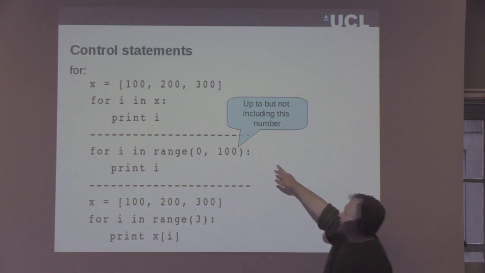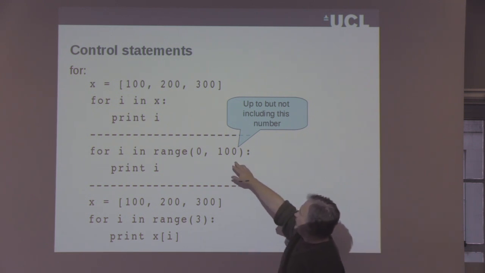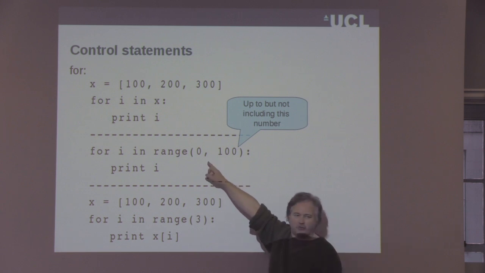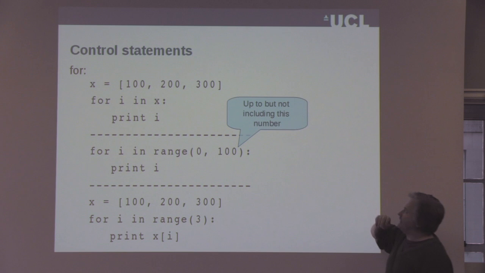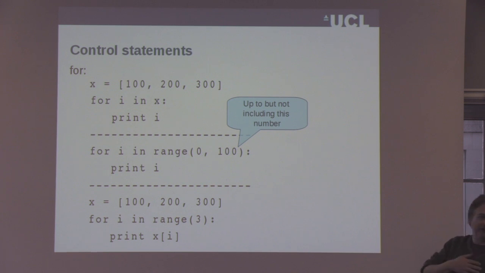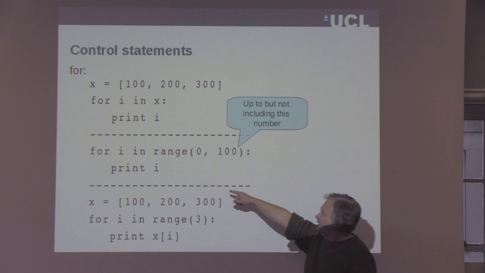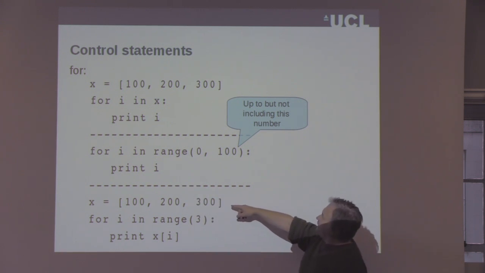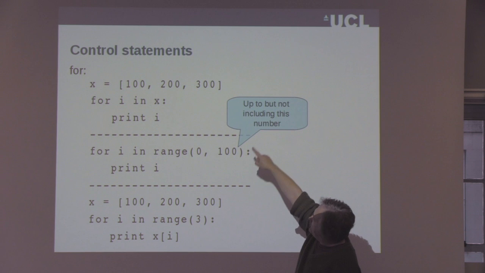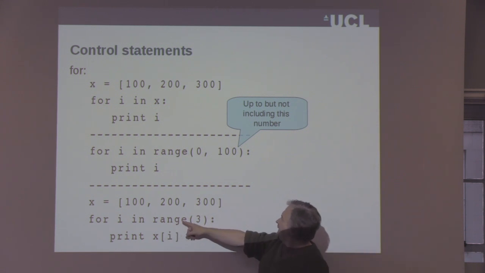We can also say for i in range 0 to 100. The range command is slightly odd. The first number is where you start. The second number, it's up to, but not including this number. So this will count from 0 up to 99, and then we'll print those numbers. And this third example, again, is like that first example, but this time we're using this range thing to count.